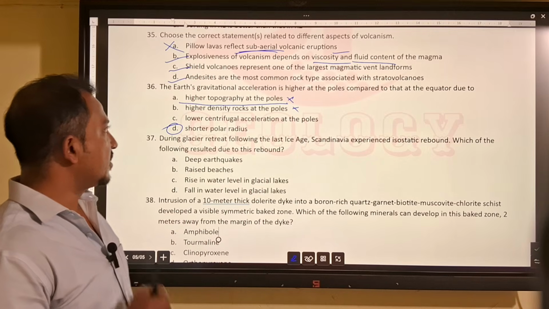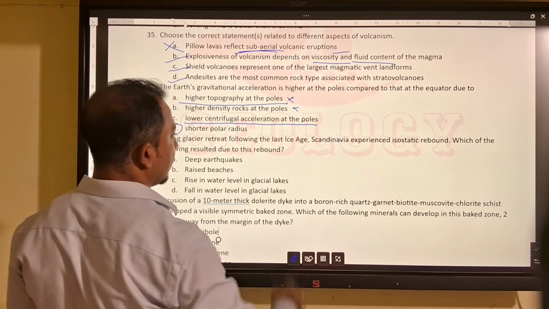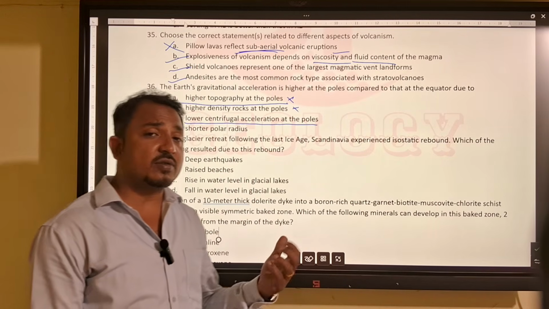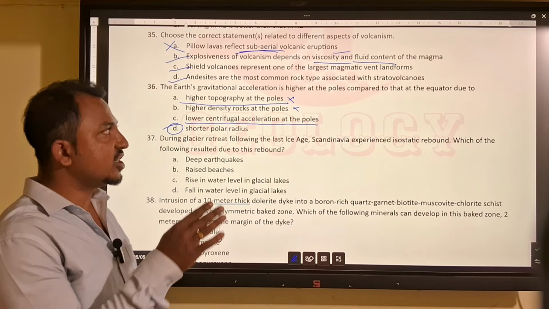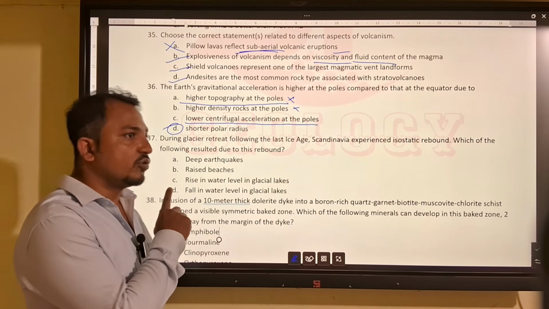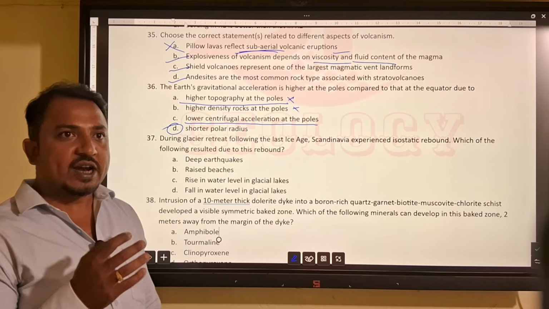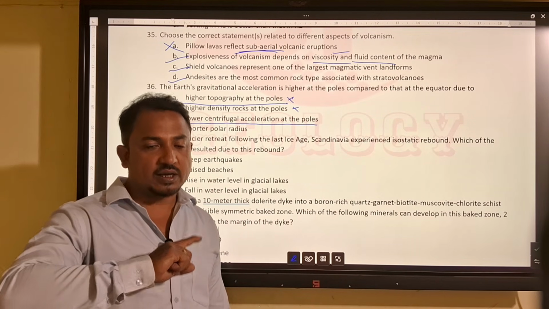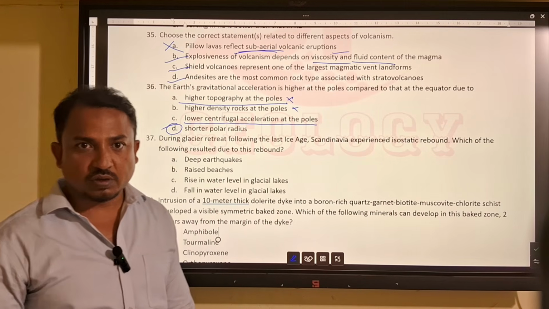Then the other option: lower centrifugal acceleration. The centrifugal force at the pole is zero. What is the centrifugal force in the context of gravitational force? The acceleration of gravity tries to pull any object to the Earth, while centrifugal force tends to throw objects away from the Earth.